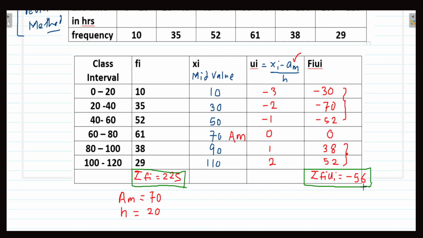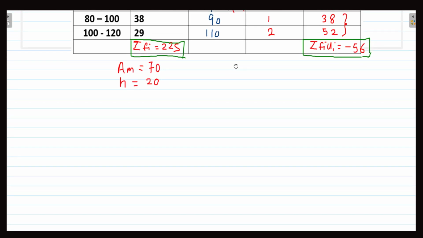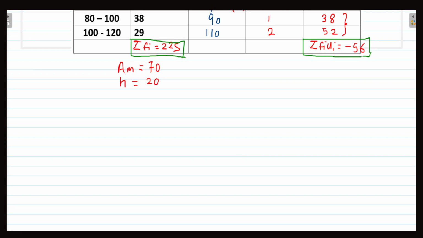Now we have to find the mean, and to find the mean we have the formula: mean is equal to assumed mean plus summation of fi ui upon summation of fi, multiplied by h.